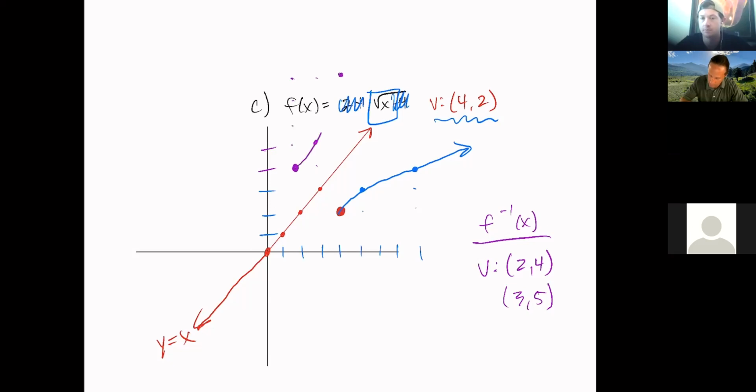And notice, I just built my beautiful butterfly. Can you see the wings and how they're symmetrical all the way across? So this line y equals x is always going to be our mirror for any graph and its inverse.